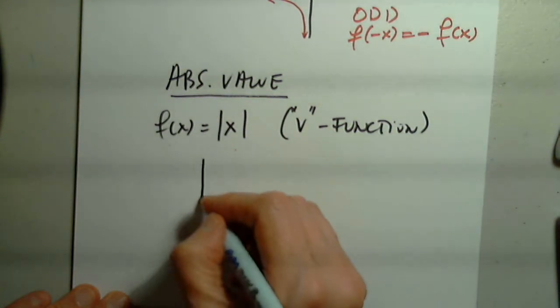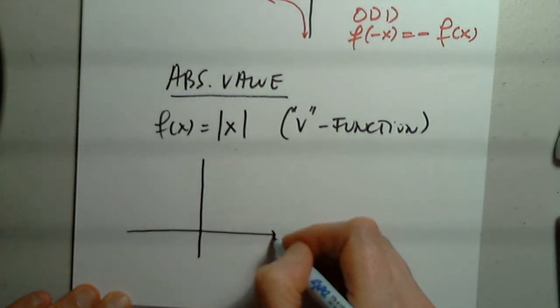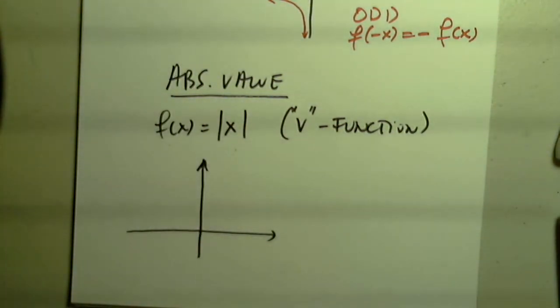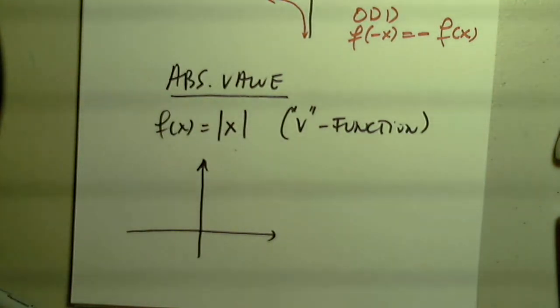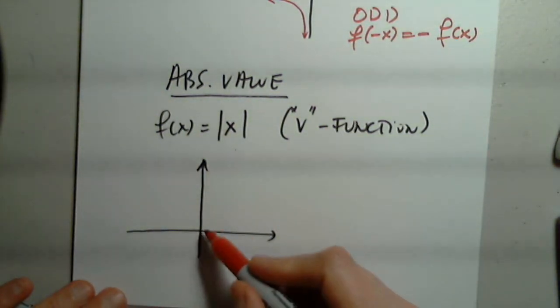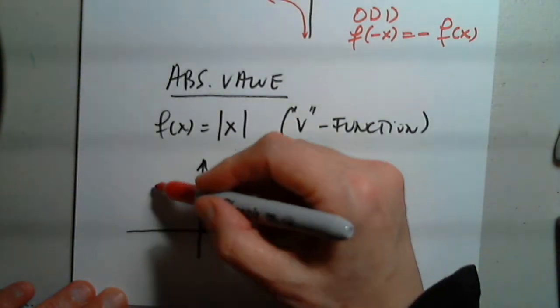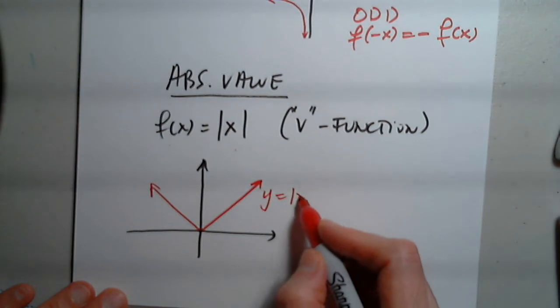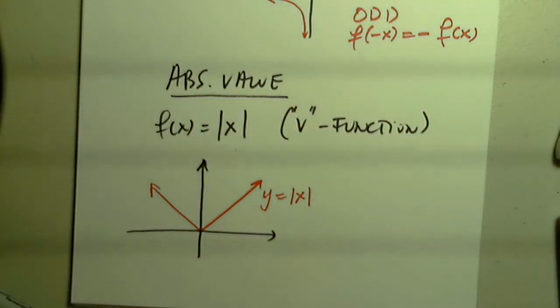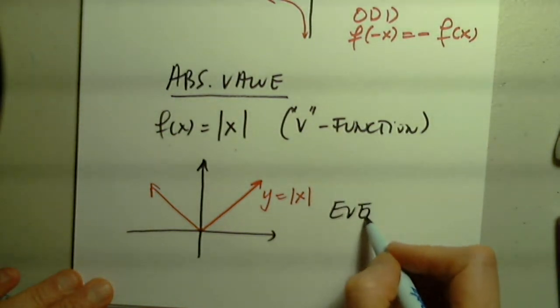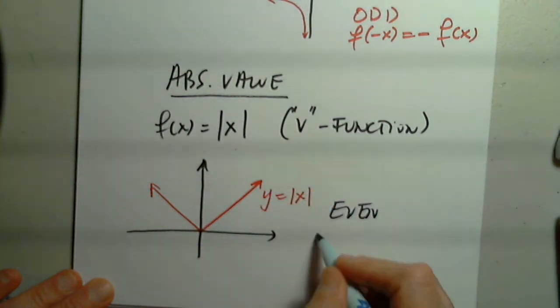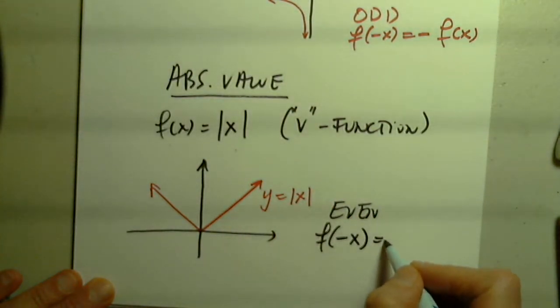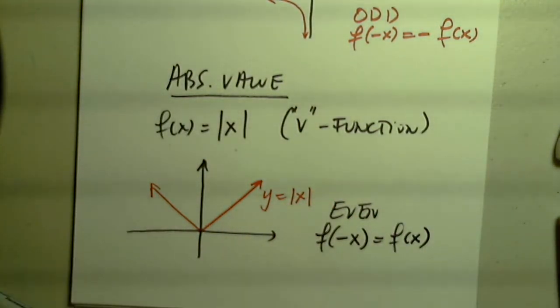And here's the graph of the absolute value of x. These are the basic functions, simplest possible from each category. This is y equals the absolute value of x. Odd, even, or not symmetric? Even? Absolutely. It's an even function, symmetric with respect to the y-axis, which means that f of negative x will not change the function.